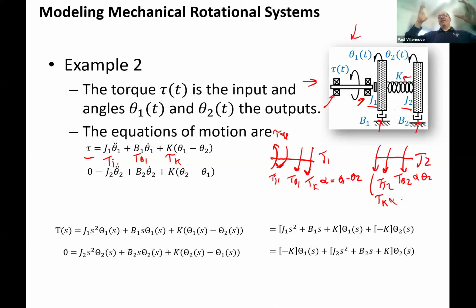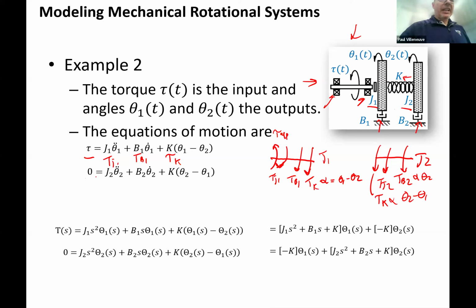If this is going faster than this one, the spring is going to try to slow it down. So this is proportional to theta 2 minus theta 1, and it causes an opposite direction torque.